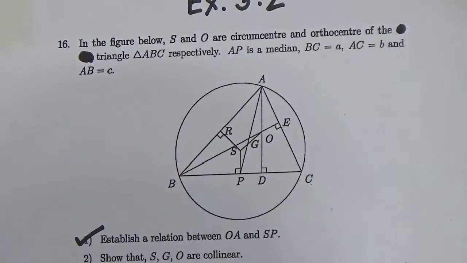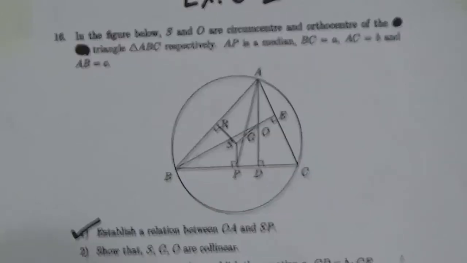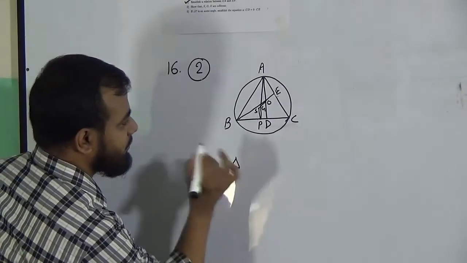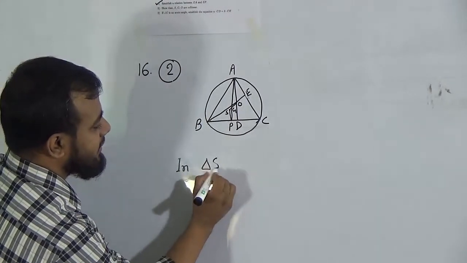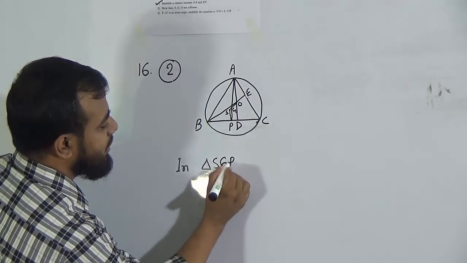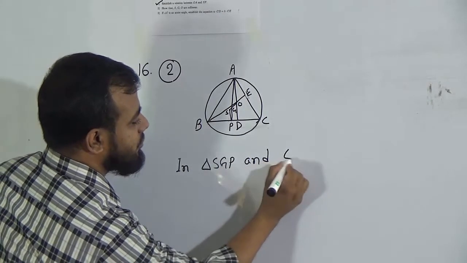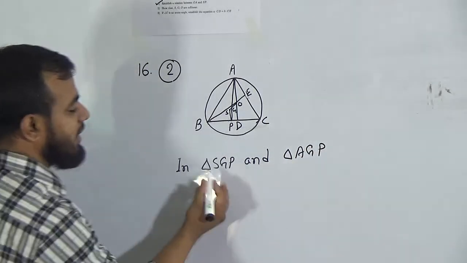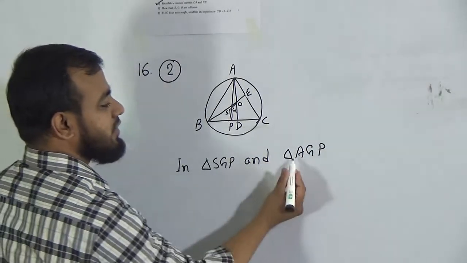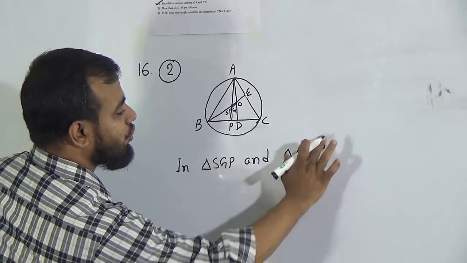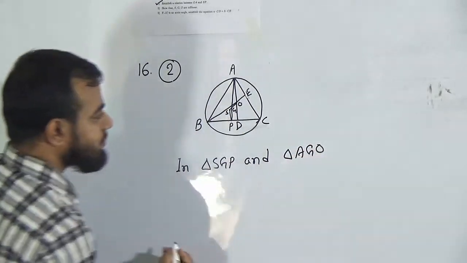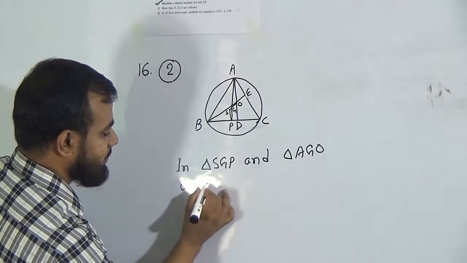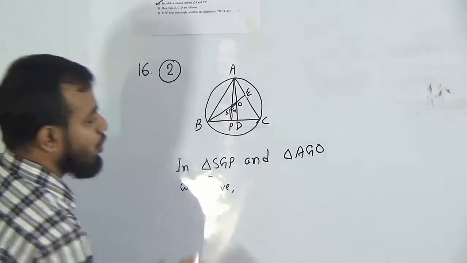These two triangles we need to prove equiangular. Okay, now how can we prove this one? Look, in triangle SGP and triangle AGO, sorry, my dear students, AGO, we have what?